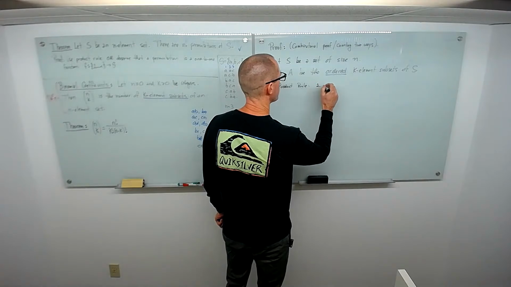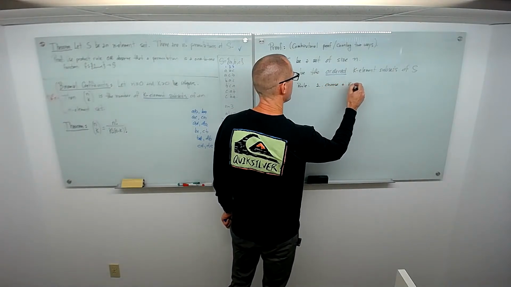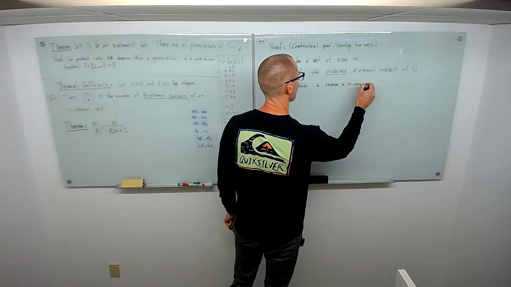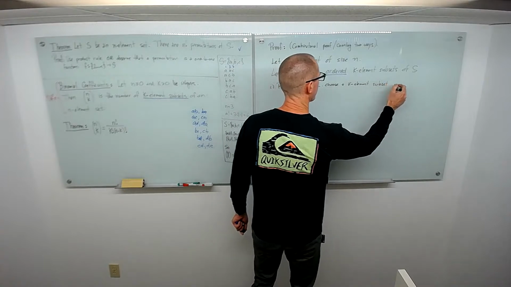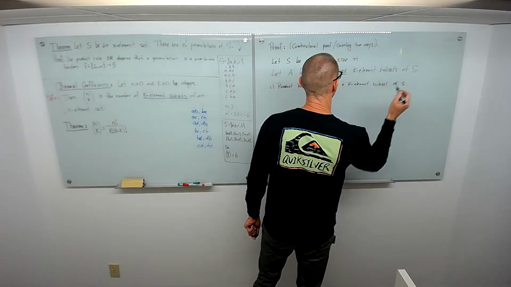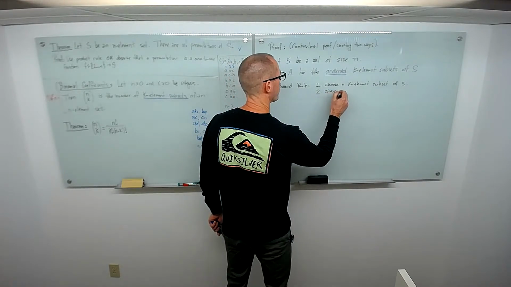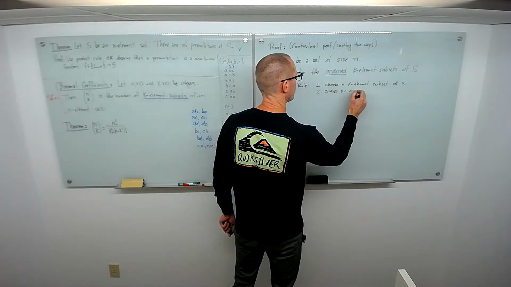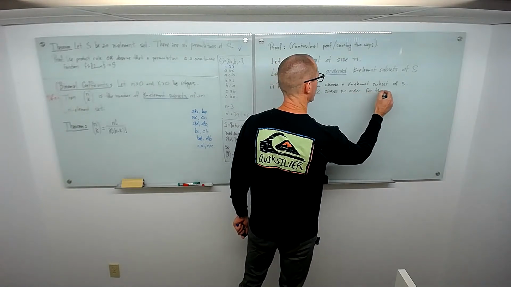Step 1 is choose a K-element subset of S. And step 2 is choose an order for this subset.